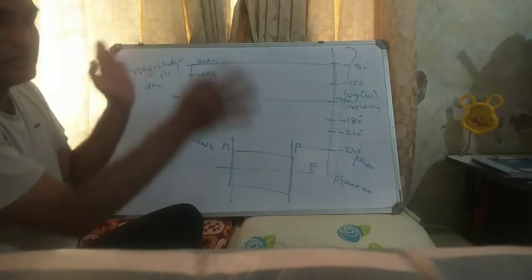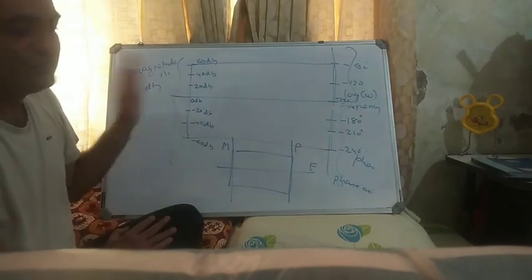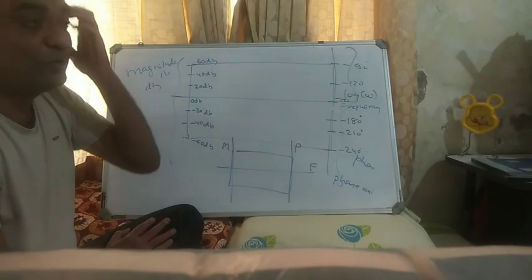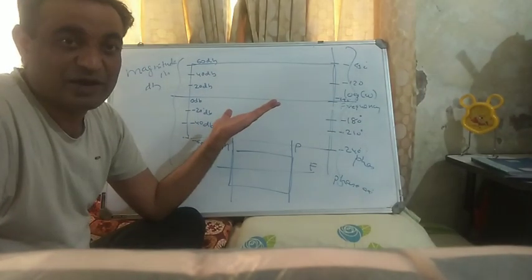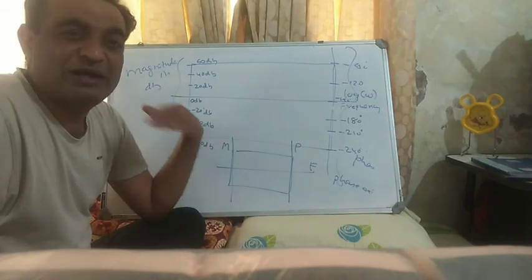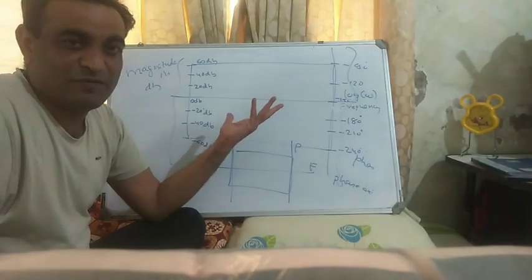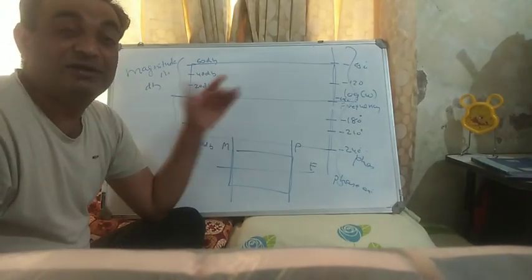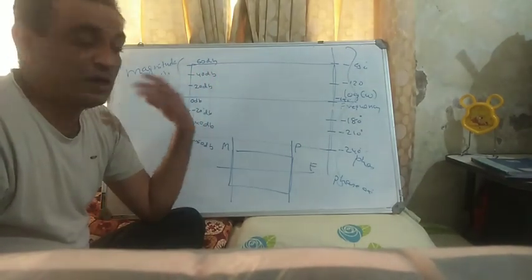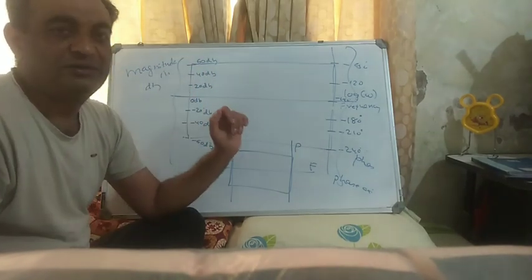I've just given you the structure of the semi-log graph paper. This is very, very important. Please go through it. You can buy a semi-log graph paper from a stationery shop, or download one from the internet. Then you can look into the cycles and how the semi-log graph paper looks. Thank you.